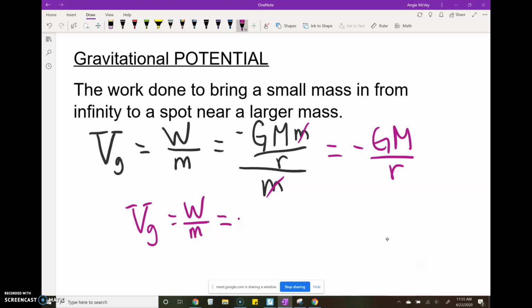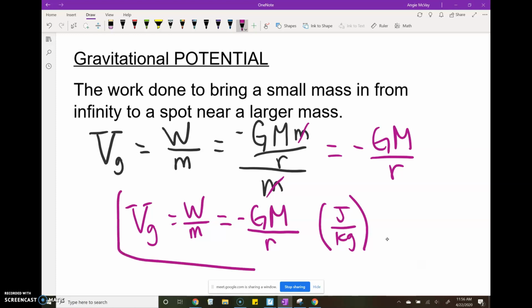And it is equal to negative G, big G, the universal gravity constant, times the mass of the planet an object is near to, divided by the separation of their centers. This is in units of joules per kilogram, since work is in joules and mass is in kilograms. All right, and we're going to compare that to an idea related to electricity.